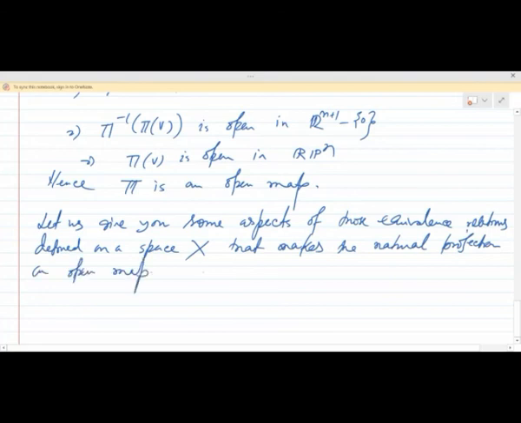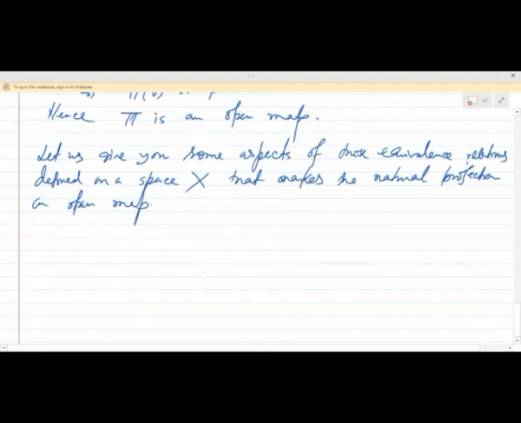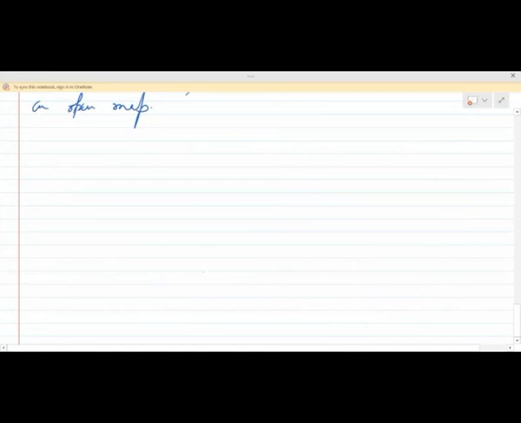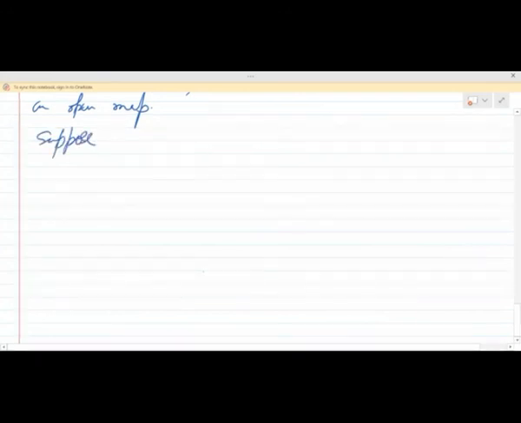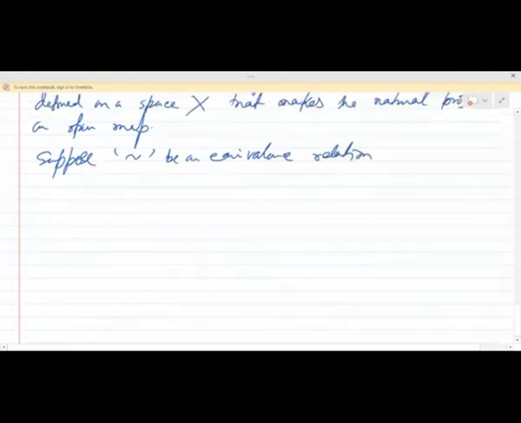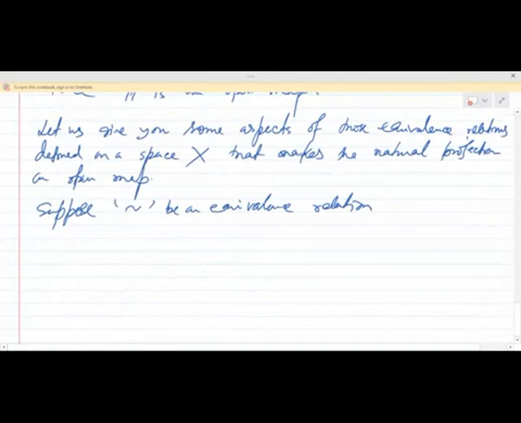I am just quickly revisiting the quotient topology and its beautiful properties related to the example RPN.